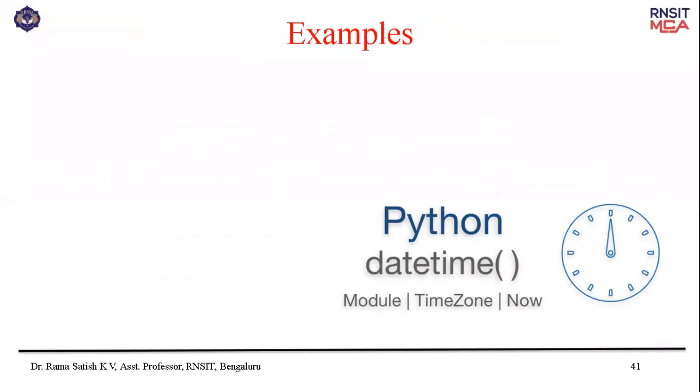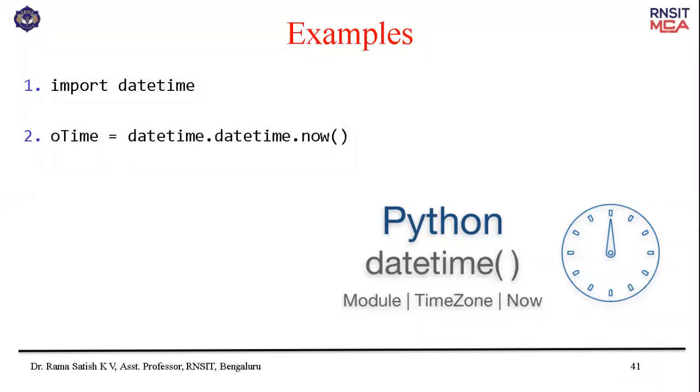Let us look into one example module. We call it the date and time module. With the date and time module, if you want to print a date and time, you can certainly use this module. First thing is you have to import datetime. Second, using the datetime class object, you call now.